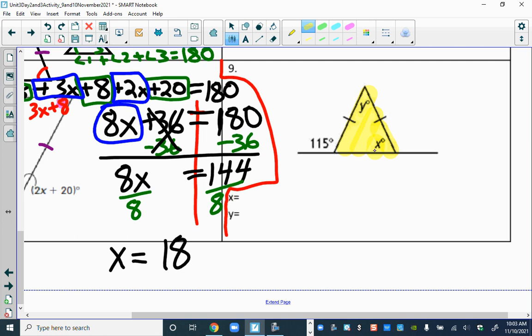This one's 115? Okay, you're going to be writing the end. That's going to be 115 over here. This side's going to be 115, and that's going to help us get the x.